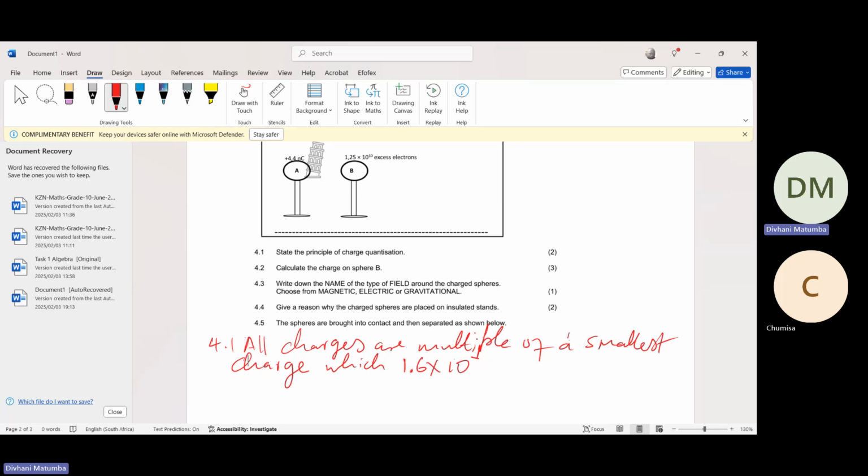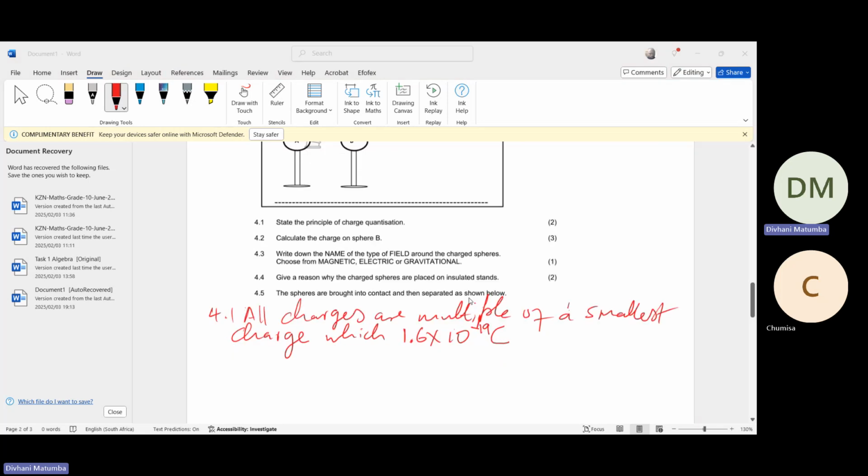Okay, go back and review it. Do you have the notes? Yes, sir. Okay, check it again. Oh, yes, -19, sir. Yes, don't forget it, please. What are the units? Coulombs. Yes, that's the smallest charge.